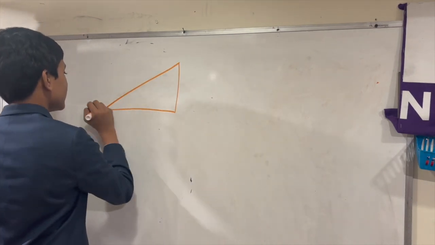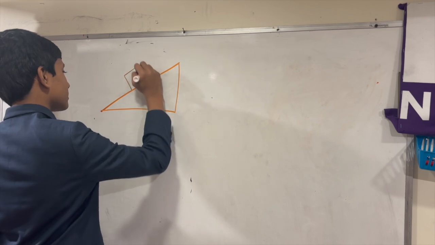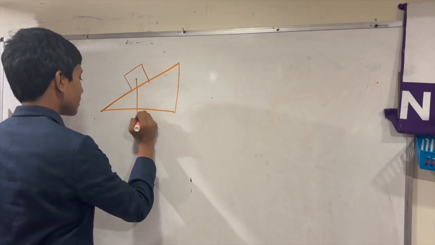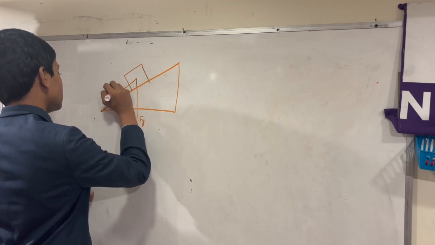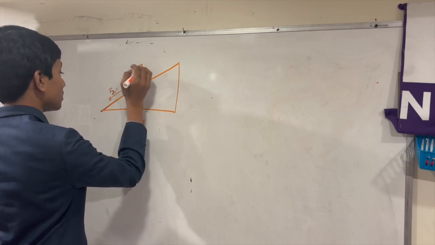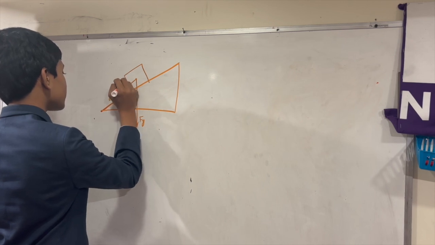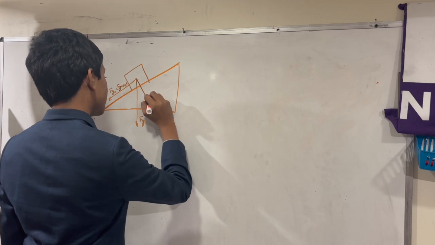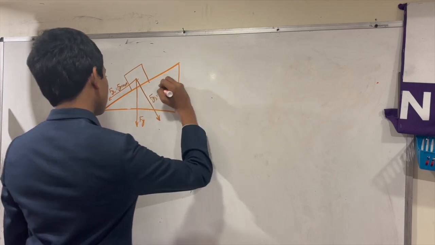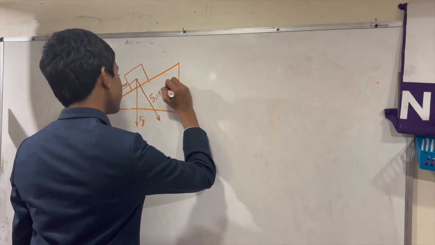Okay, so here's our own proof that FG parallel is equal to FG cosine theta and FG perpendicular is equal to FG sine theta.